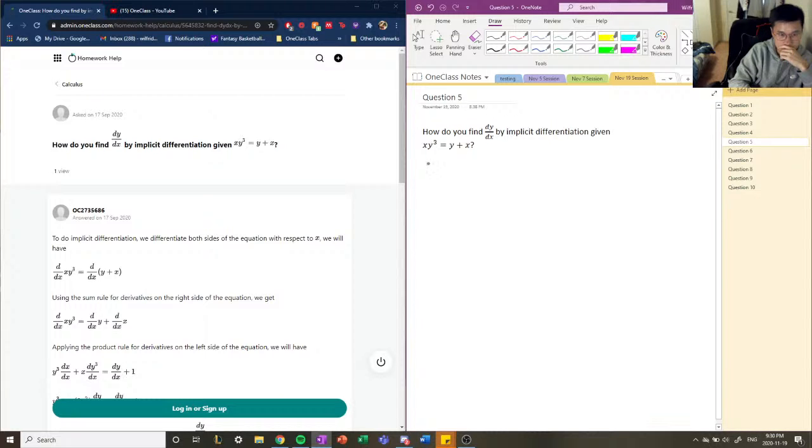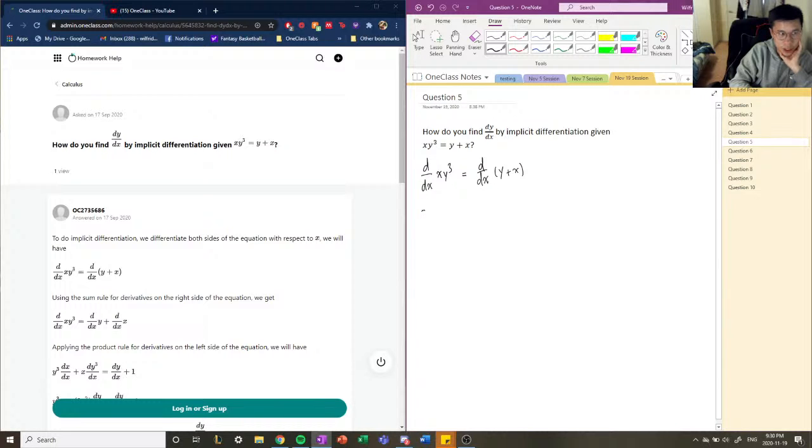So let's first write this down. Let's say d/dx of x times y cubed equals d/dx of y plus x. We have to be wary that there's a product rule here, so let's do the product rule first.